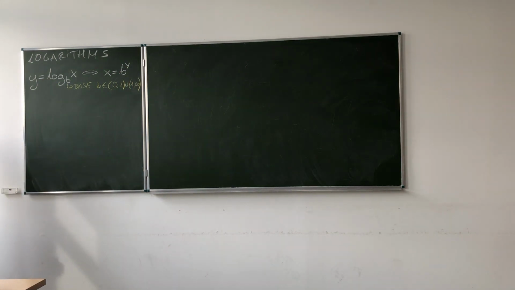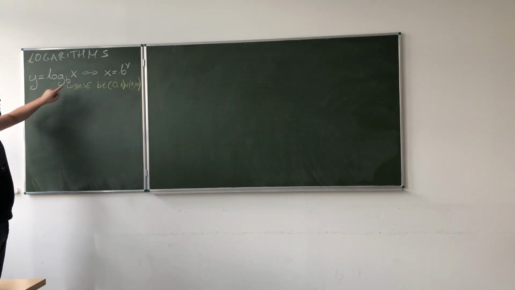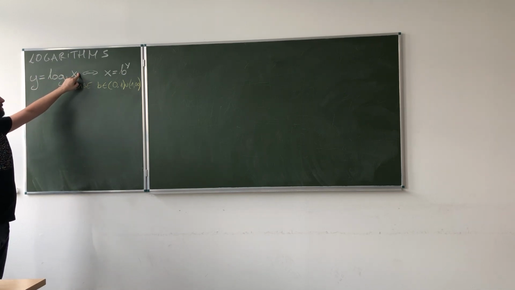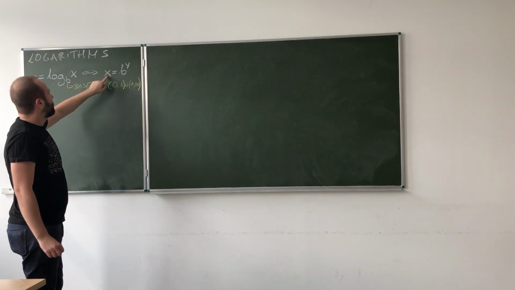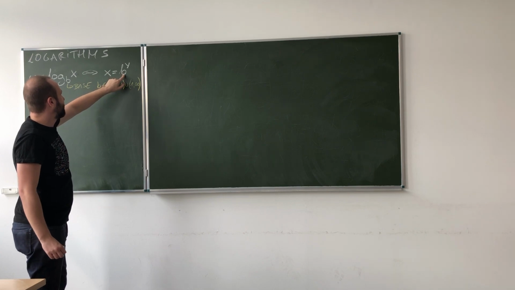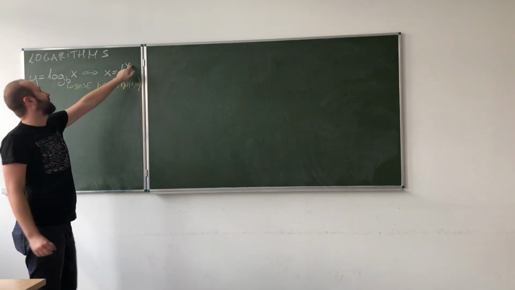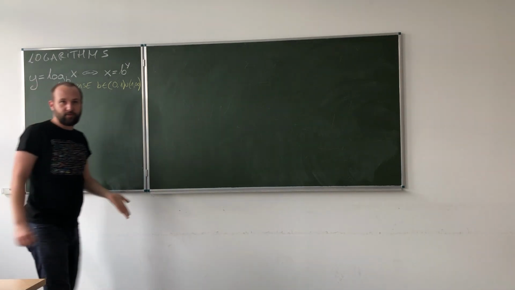Because look, what logarithm is telling us is to which power I need to take b in order to get x. And the answer is y. And this is what you see over here. To which power I need to take b in order to get x. We see that this power here is y. So those two are strictly connected with each other.